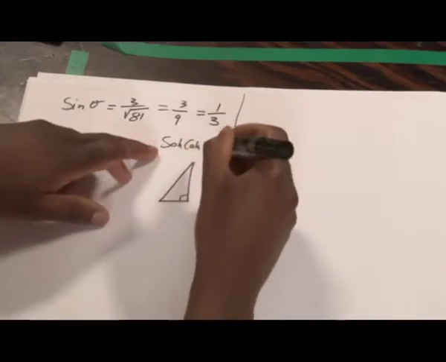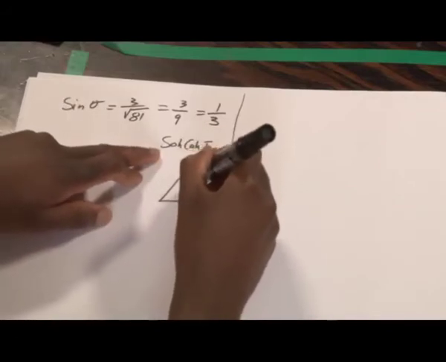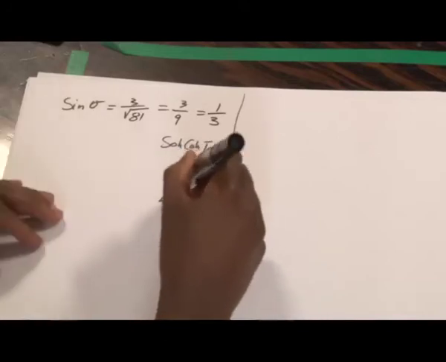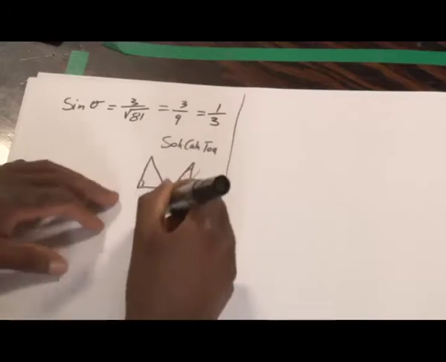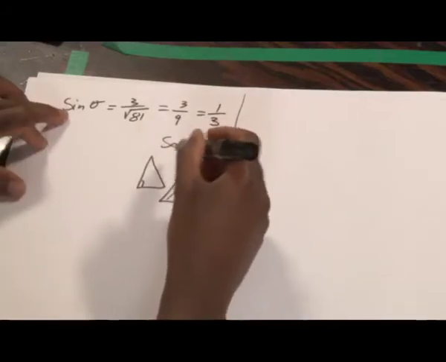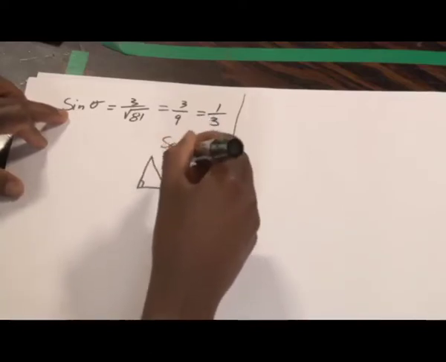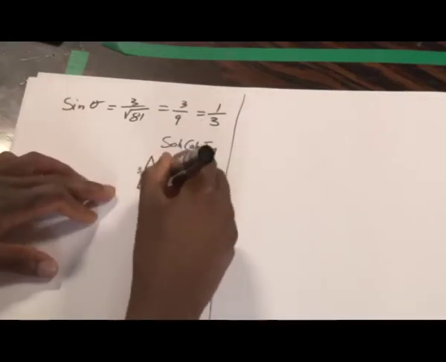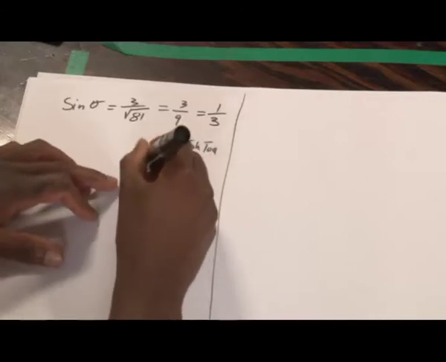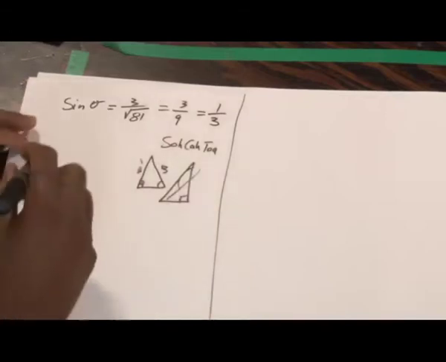We are given the opposite and the hypotenuse. It's not to scale, or otherwise you draw it like that. Again, sine theta, the opposite is this one, which is 1. Then the hypotenuse is 3. So opposite is 1, then this is 3. That's what we are having.